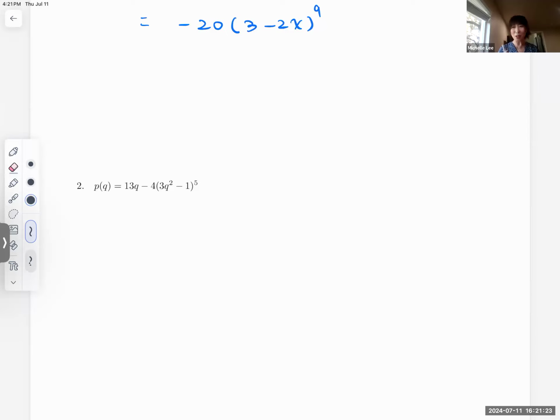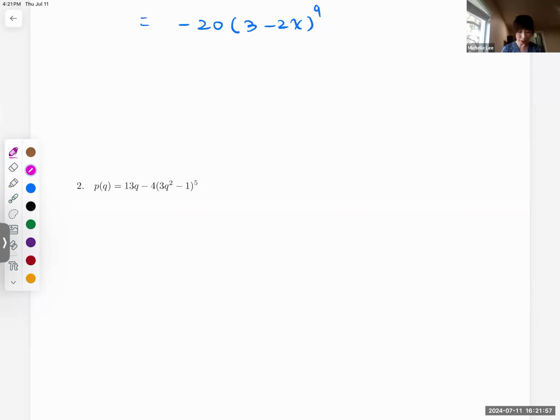I see, that's why they don't have parentheses. I looked at P of Q there, right? So this is not parentheses. All right. So this is the first term and this is the second term. Then we need to take the derivative term by term, right? This is the sum and difference of derivatives, right?